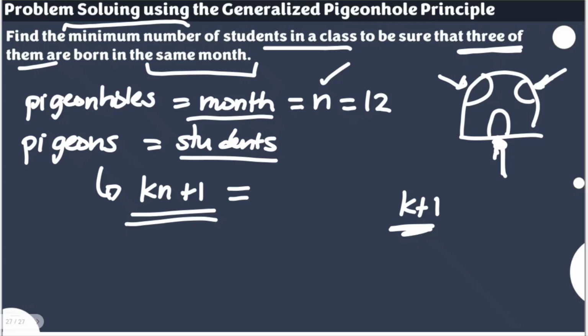Let me repeat it. At least 1 of the pigeonholes will be occupied by k plus 1, and that is equal to 3. Now what if the question is 5? That would mean this is also 5.